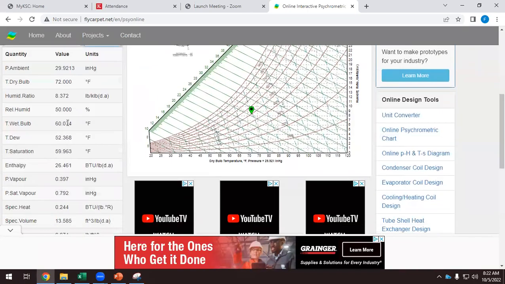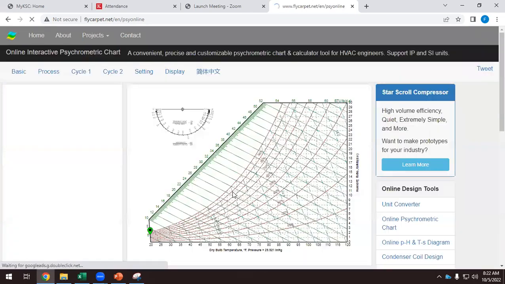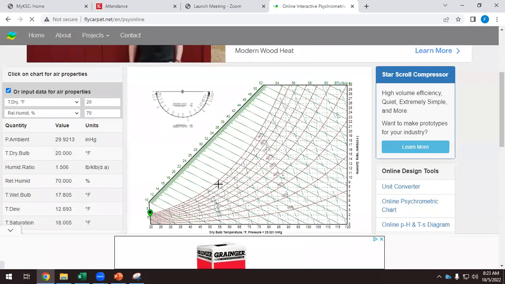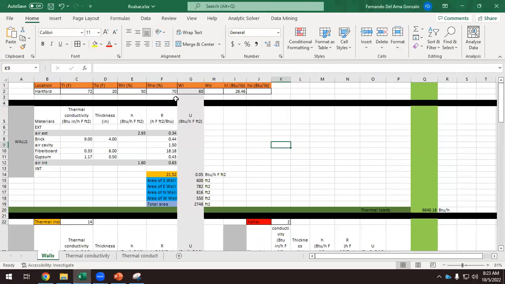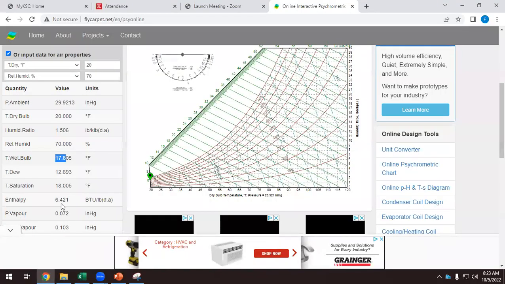Click here, input data, submit. And here we have the wet bulb temperature and the enthalpy. So the outdoor wet bulb temperature is 17.8, and the enthalpy is 6.42.